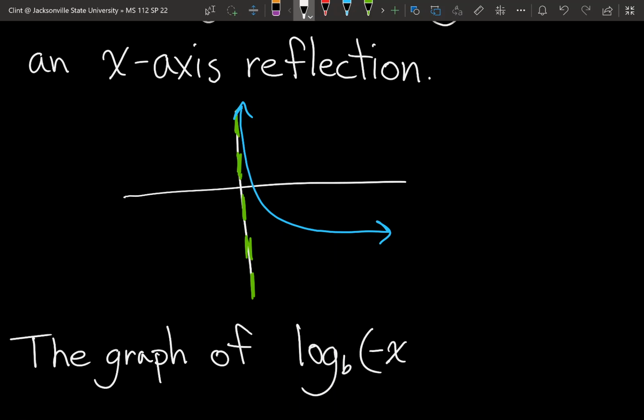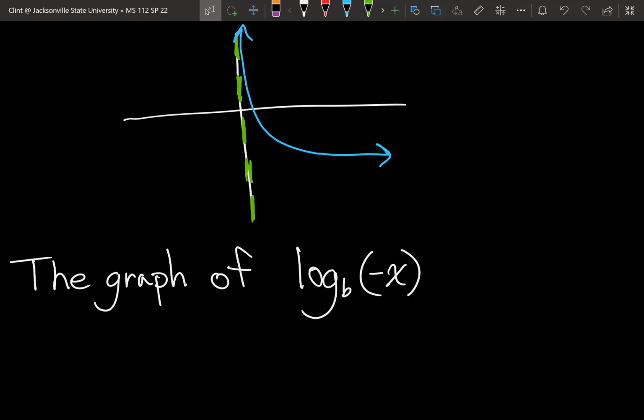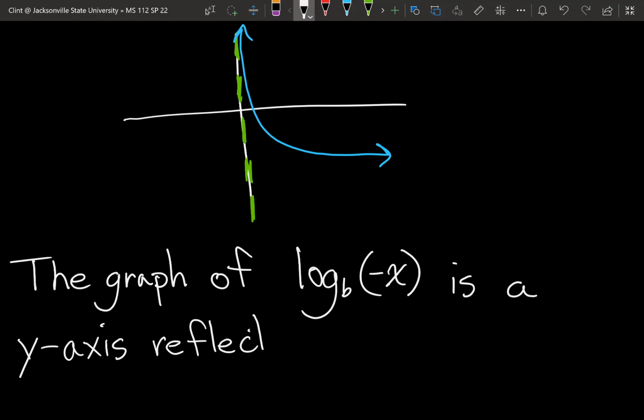If instead we made the x negative, that would be a y-axis reflection. So that switches the left and right.